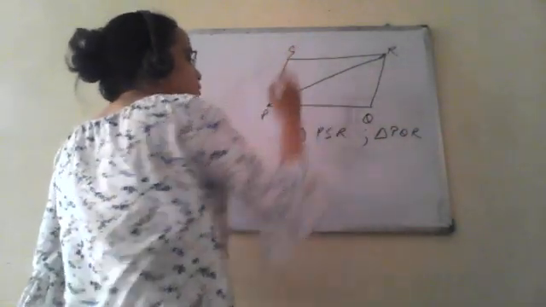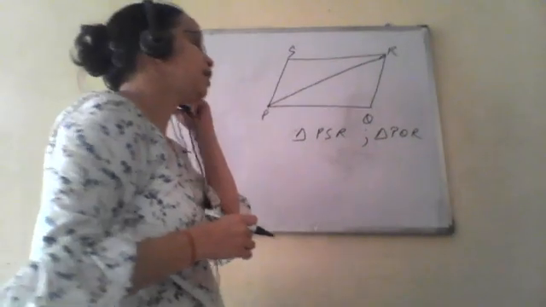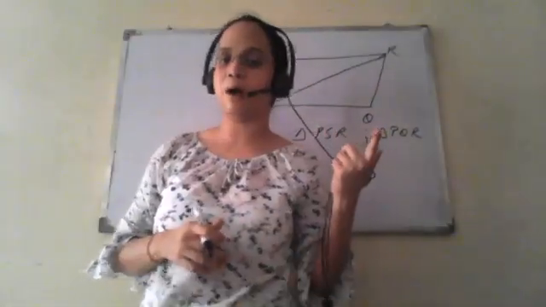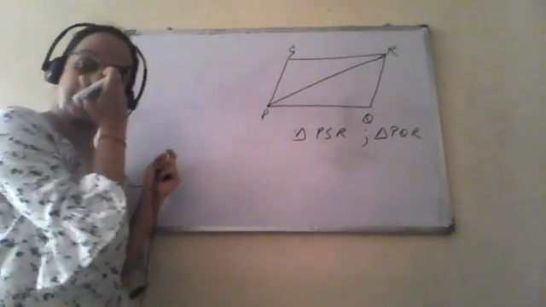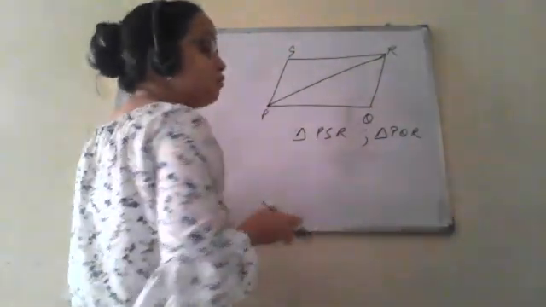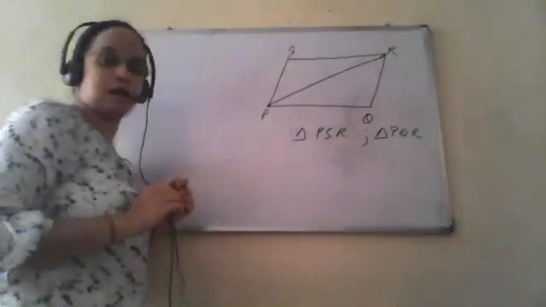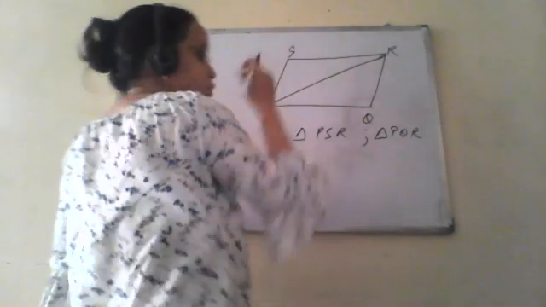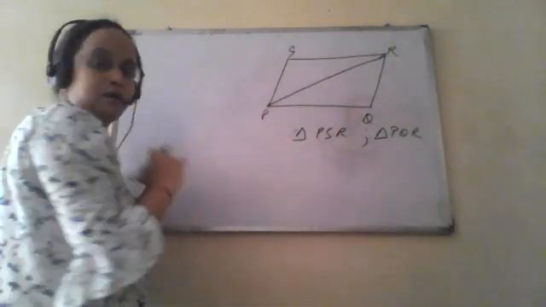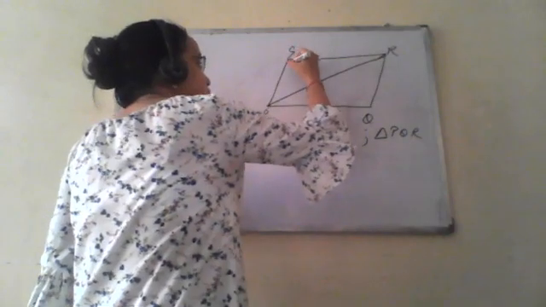Now we will calculate the area of these two triangles, add them up, and we will get the generalized formula for the area of a quadrilateral. For calculating the area of a triangle, we need the height of the triangle. So we will draw a perpendicular.